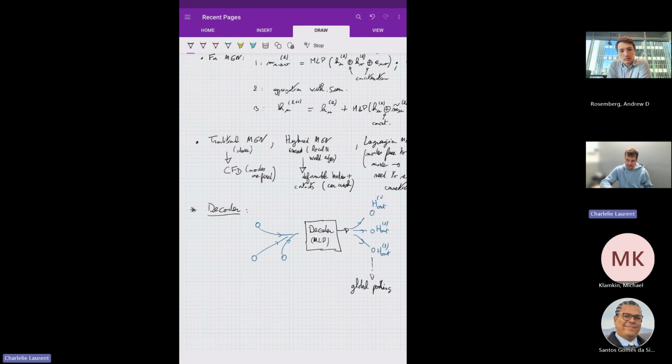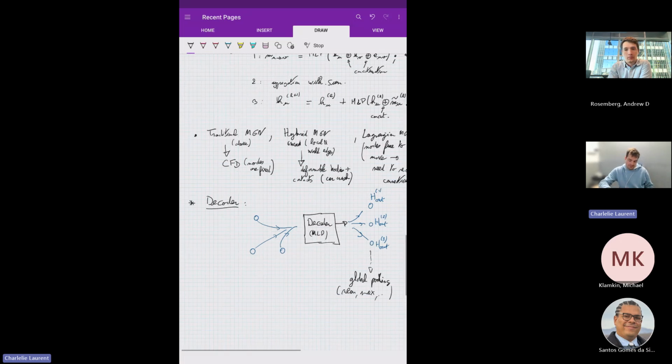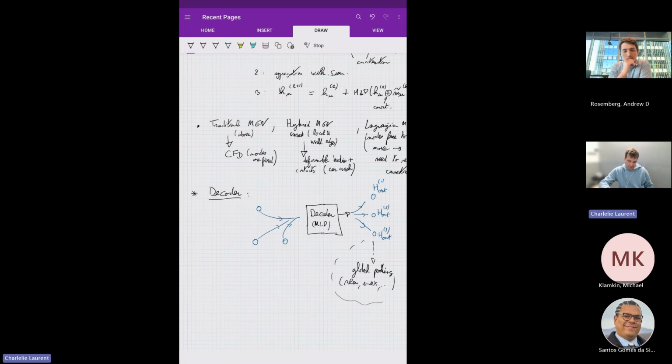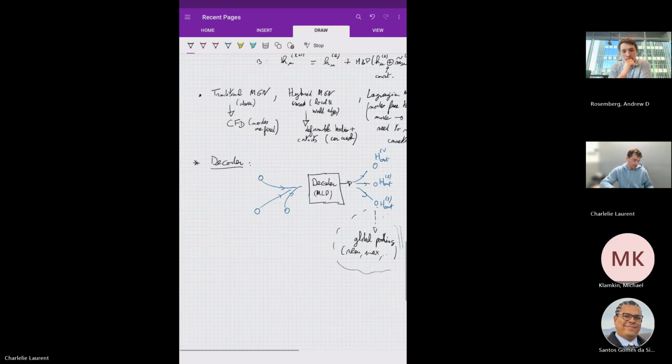This will take all those nodes. It could be mean, max, or any kind of reduction. It will compute, for example, the mean of the output features and give you a single output feature for the entire graph. That's just a variant, right? The real MeshGraphNet will give you one output per node.